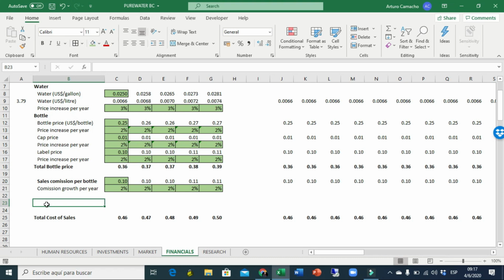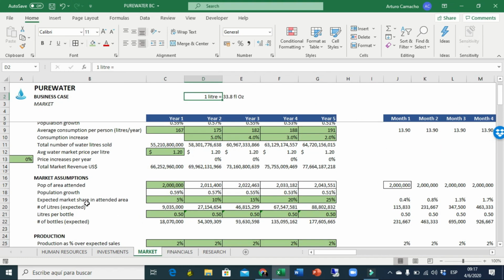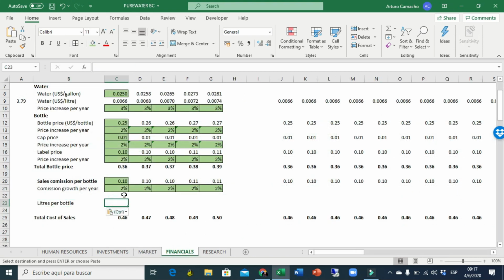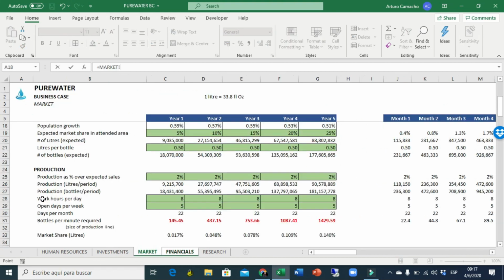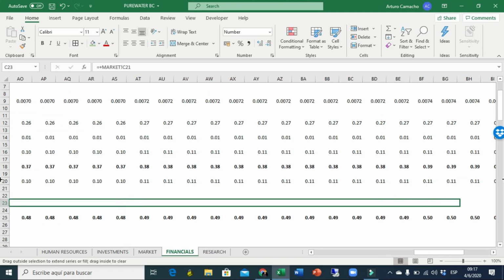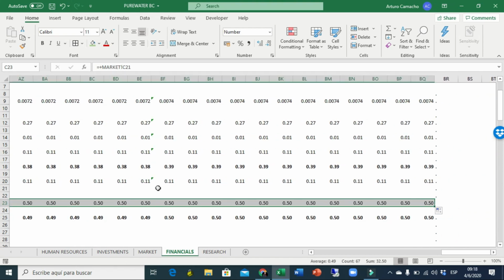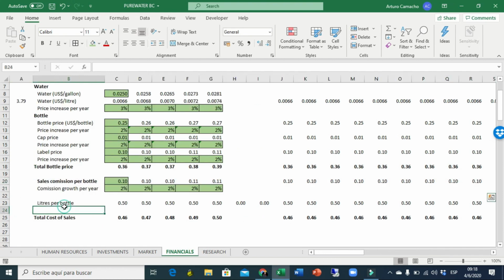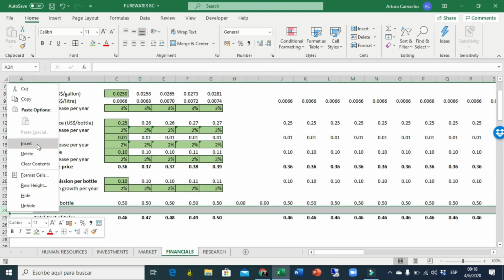So I had it in the market sheet, the liters per bottle, this one, which I'm going to take from the market sheet. So this is all input from a formula of the market sheet, which is right here. Okay, so I will copy that up to the 60 right there. So depending on that, we will have one more row.